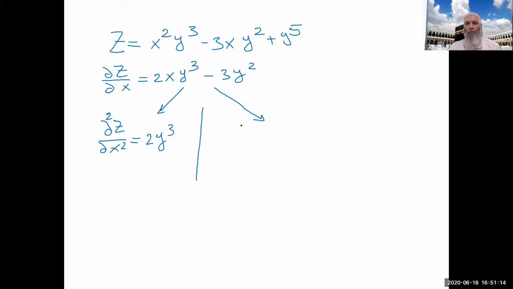So d2z/dx dy: now we take the derivative with respect to y, so x is constant.